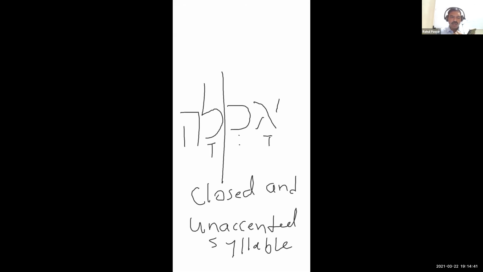That is "ok." The second syllable is "la." So the first syllable becomes closed and unaccented. Actually, a long vowel opens the syllable, and a short vowel, that is Shiva, closes the syllable.